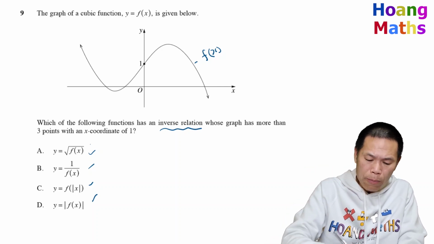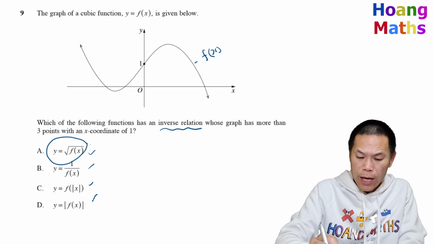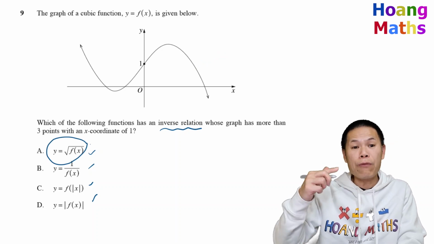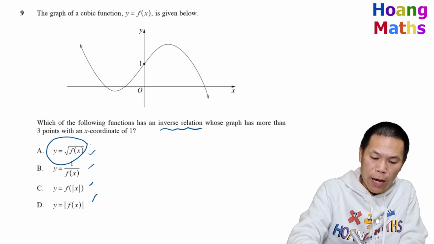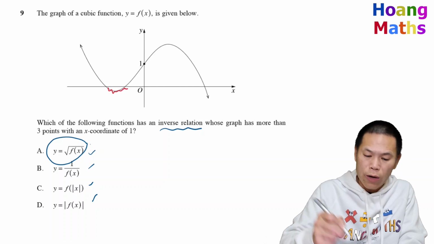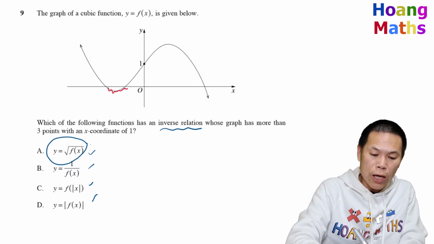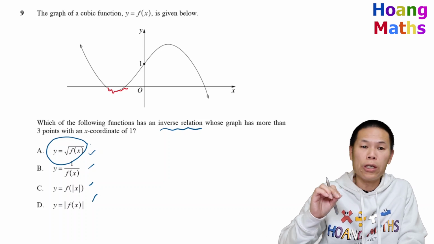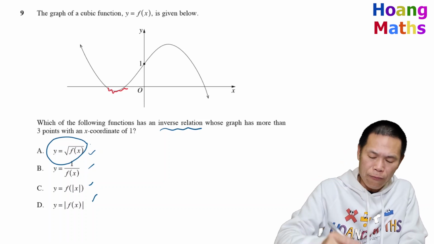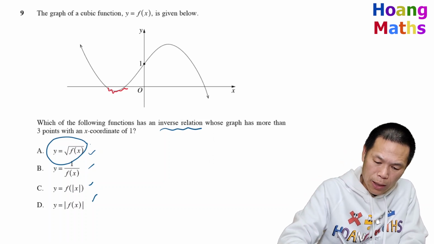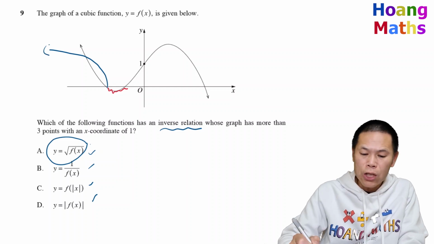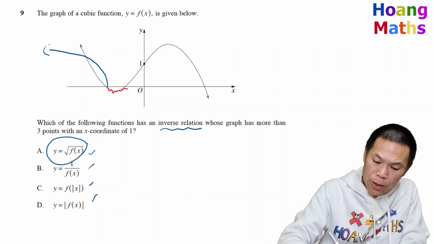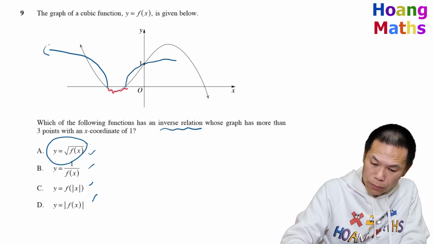First of all, let me just do a quick sketch of this. Now, square root of f of x. We know that we cannot have a square root of a negative number. And if you square root a number that is less than 1, it is greater than the actual value. So it's something like that, just a rough sketch. And this one here is something like that.